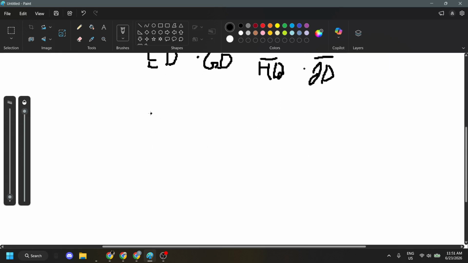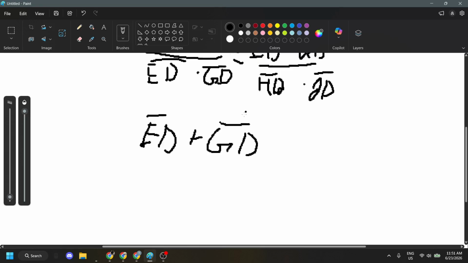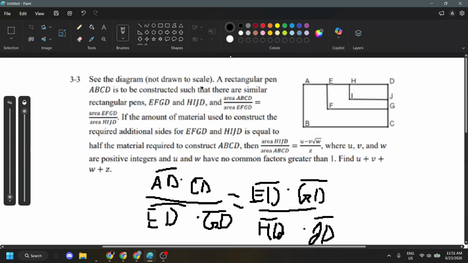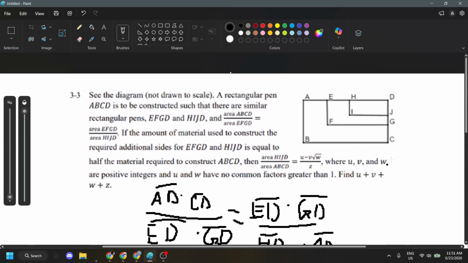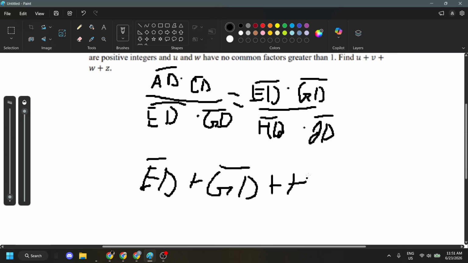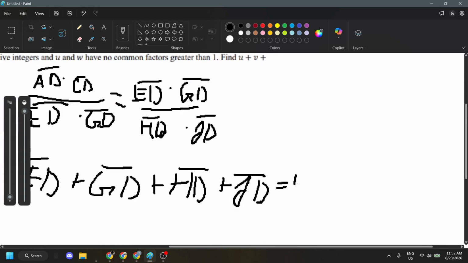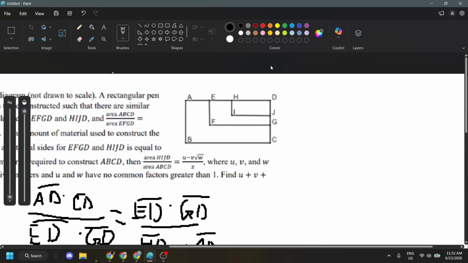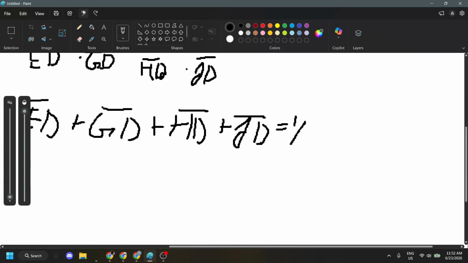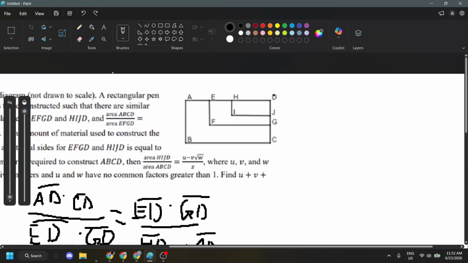ED plus GD, plus HD plus JD, is equal to 1/2 times 2AD plus 2DC, so it's just going to be AD plus DC.